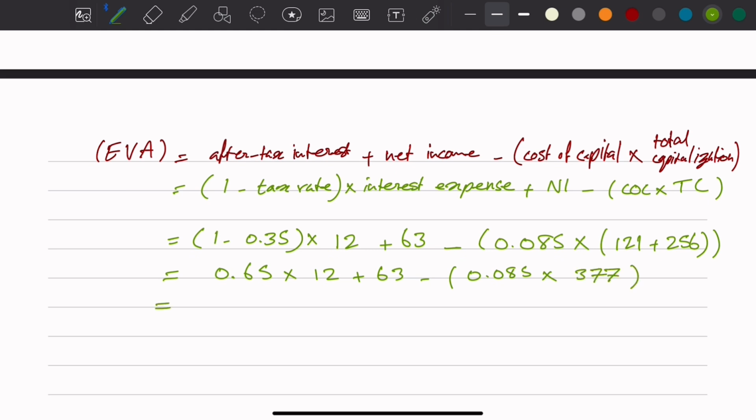Now we'll simplify our calculations further. 0.65 multiplied by 12 is 7.8, plus 63, minus 0.085 multiplied by 377, that's 32.045.